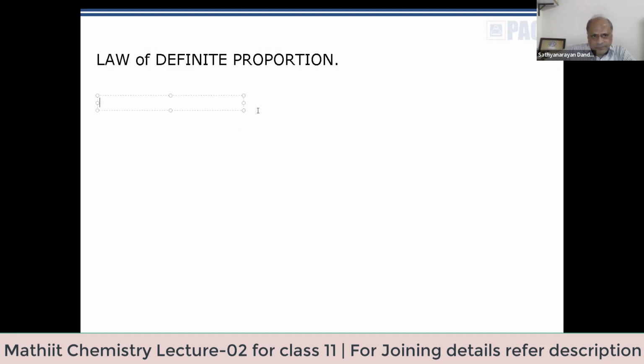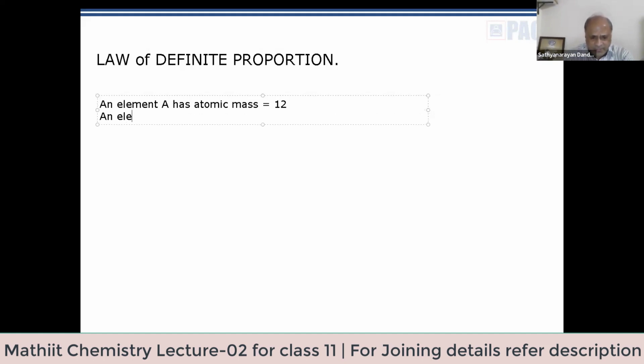देखो स्टूडेंट्स, the example goes like this. An element A has atomic mass equal to 12.